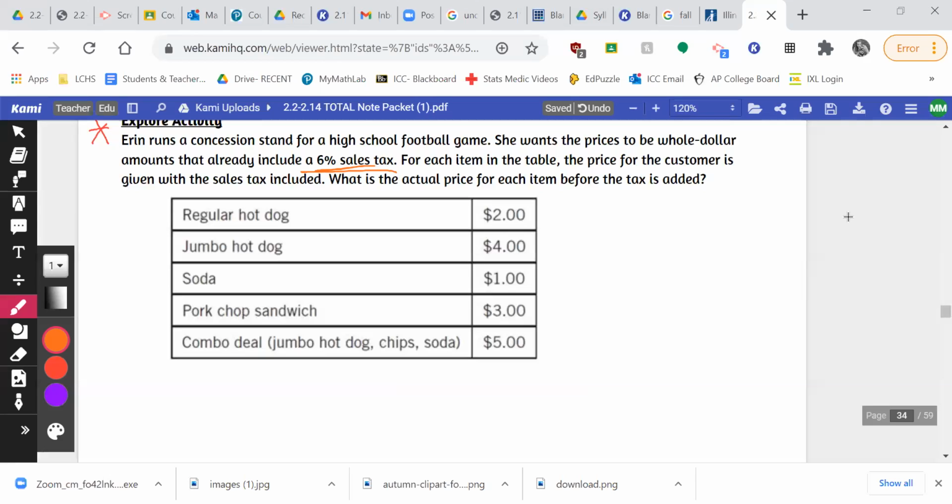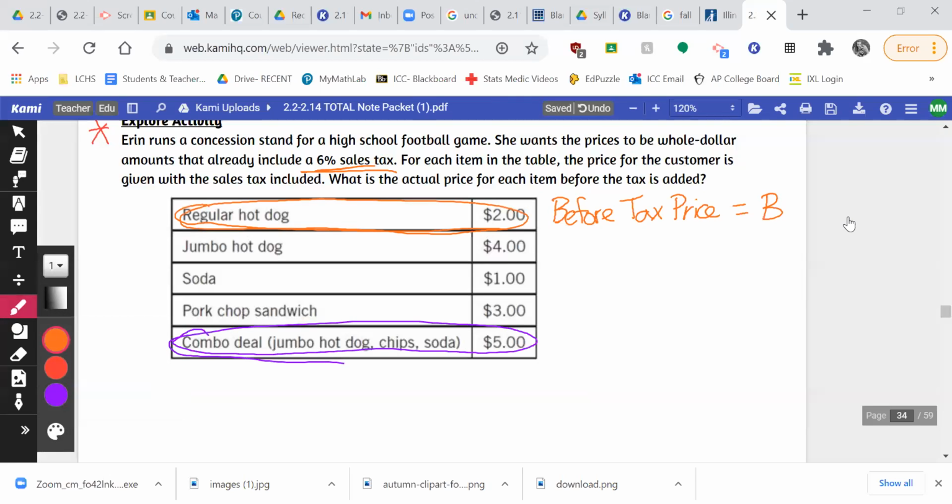So we are looking for, I'm going to call it the before tax price, and we'll have that variable as B. So we are looking for 6% more than the price before tax, and we want it to equal the given amounts. I'm only going to have us do 2 of these different items. We'll do the regular hot dog and we'll do the combo meal.